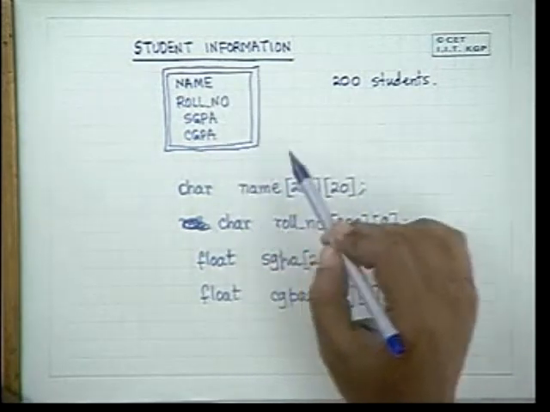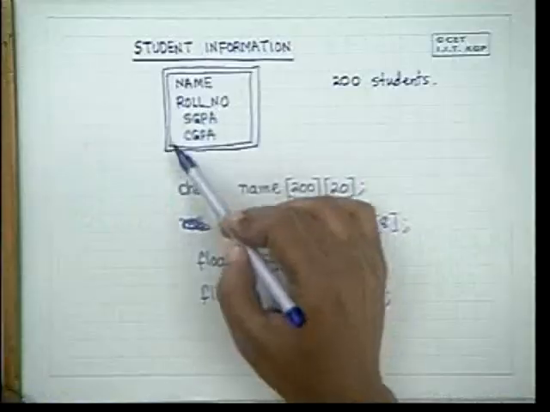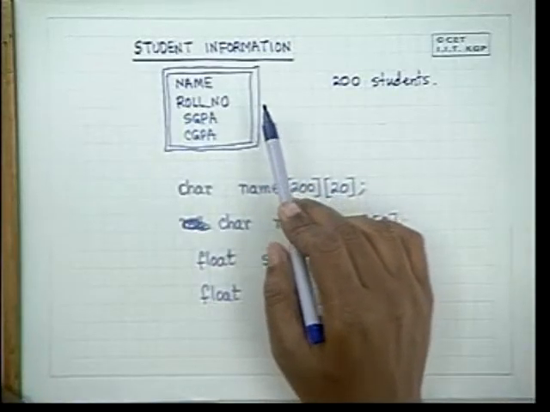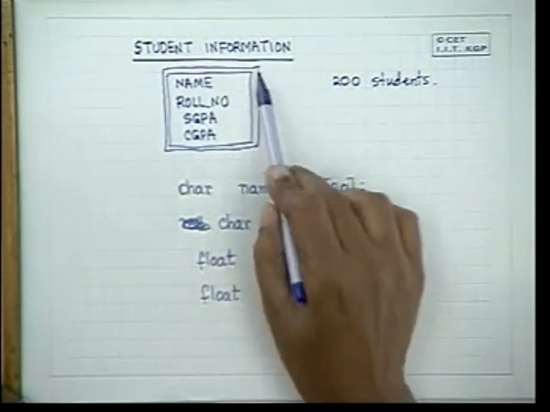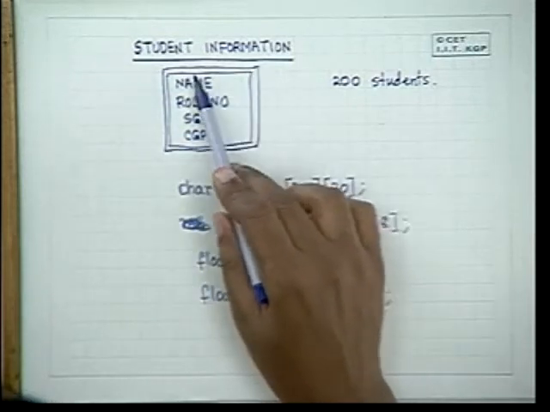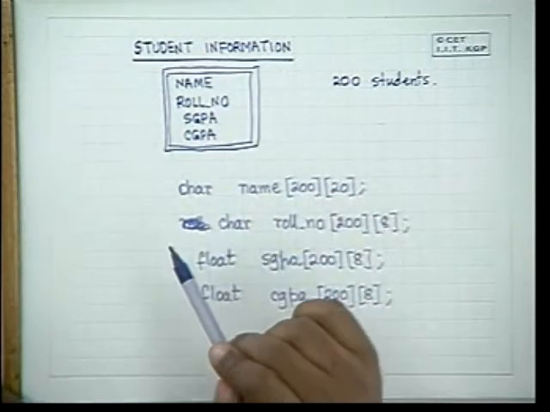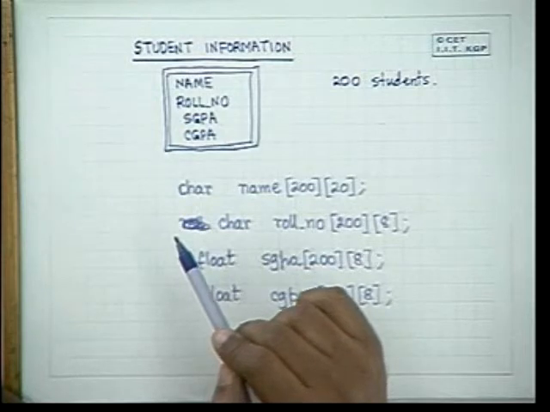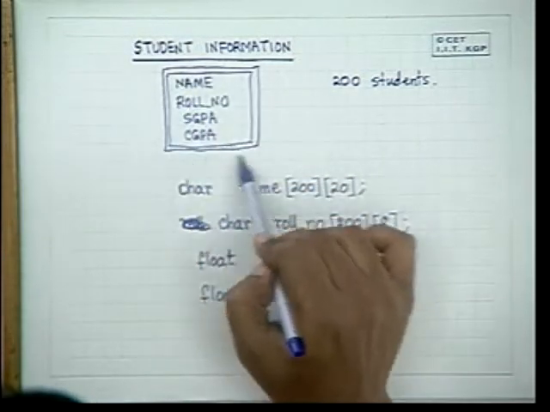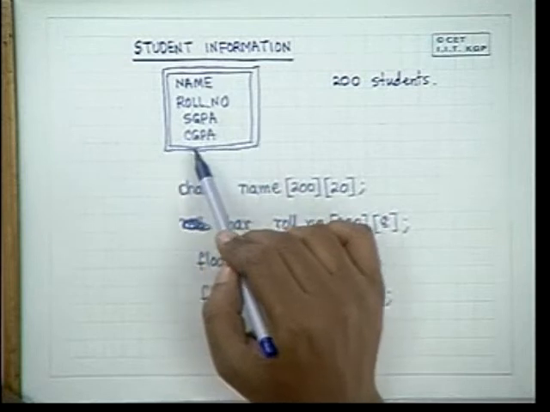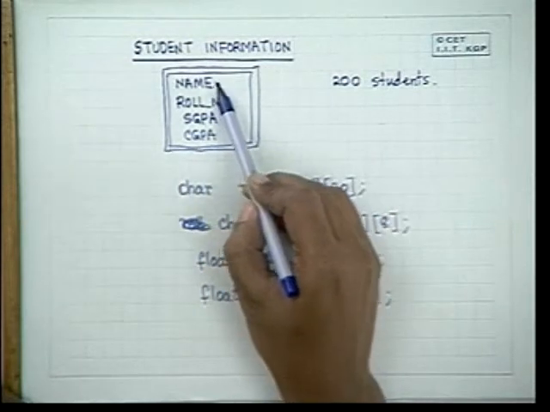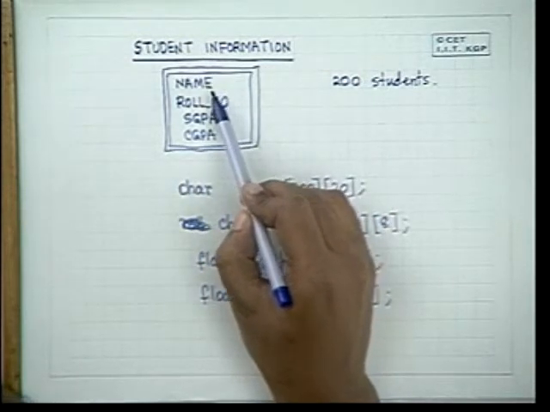Now in such conceptual structures, we would like to keep information in such a way that it is more conceptually appealing to keep student information. For example, if I want to access a student, I will have some structure where I can keep all of them together in some form, and then keep an array of this information. That is what we actually wanted to do. We wanted to keep information regarding a student in one place.